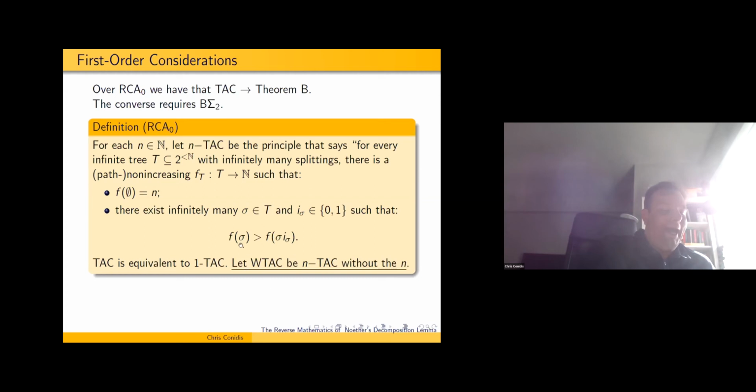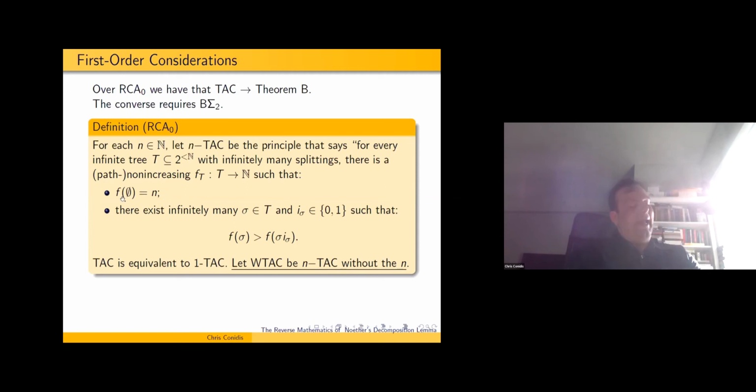Now the last thing I want to do in this definition, now that I've done it relative to this parameter n, is to let WTAC, the weak tree anti-chain principle, be the n-tree anti-chain principle without the n. Basically you just remove the first bullet point.